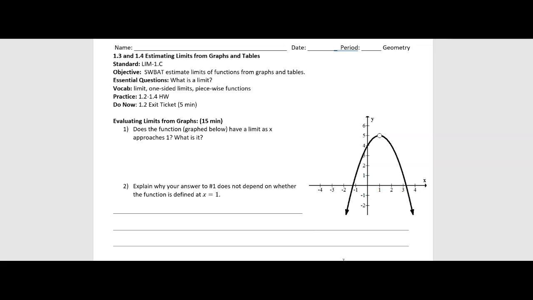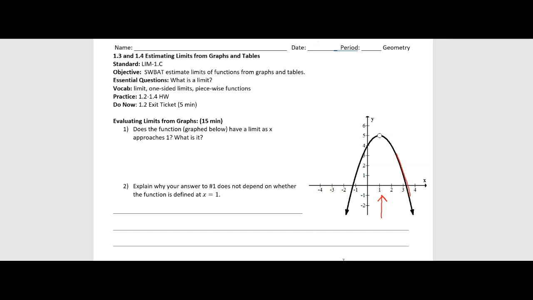Let's look at number one. Does the function have a limit as x approaches 1? And if so, what is it? So let me get out my pen here. If you remember back to our first lesson, a limit depends on what the function approaches, and we have to approach the point from both sides.